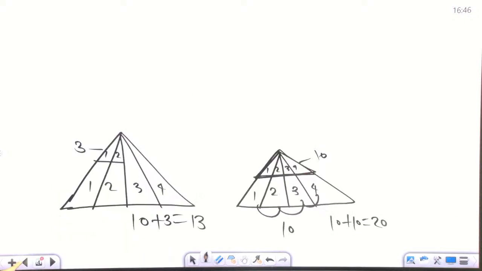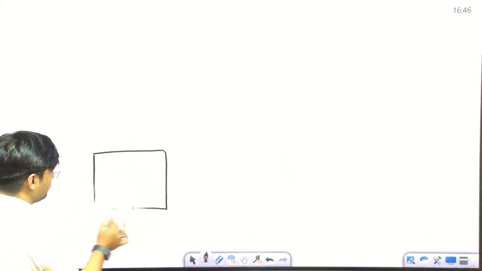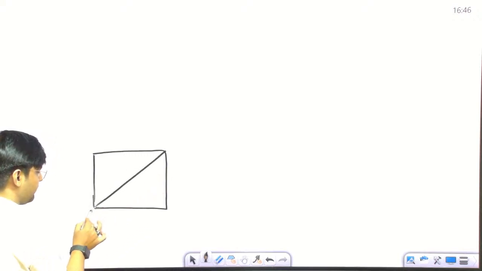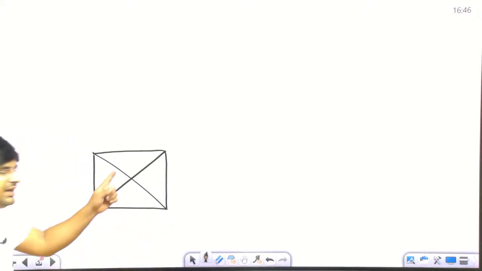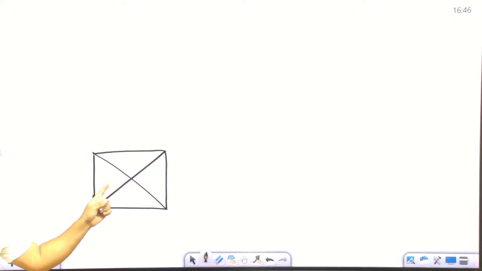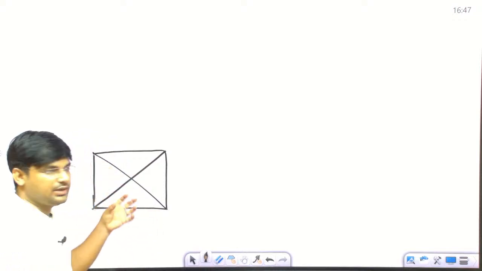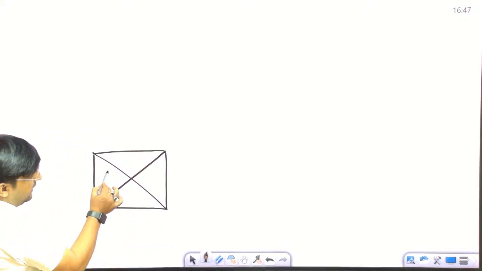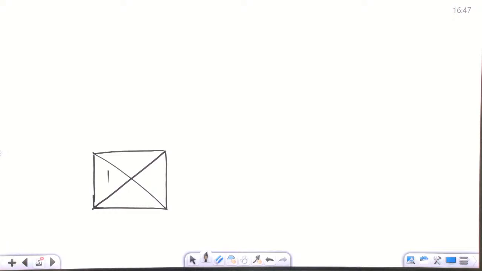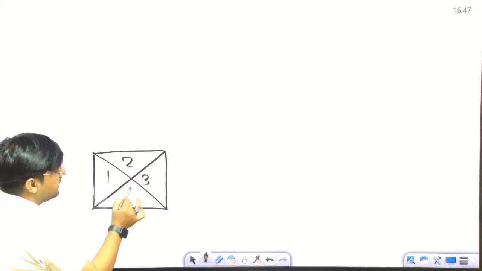Just a minute. How many triangles in this figure? If we get this type of figure, we have to count all the small triangles. 1, 2, 3, 4.